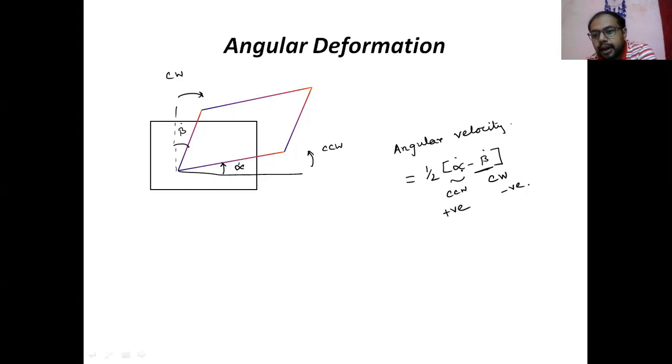So half of alpha dot minus beta dot will give you the angular velocity about which axis? It is an xy plane, so it is rotating about the z axis, always perpendicular to the plane. So this is omega z, the angular velocity about z, which will give you the same value. If you remember, alpha dot is del v del x minus del u.